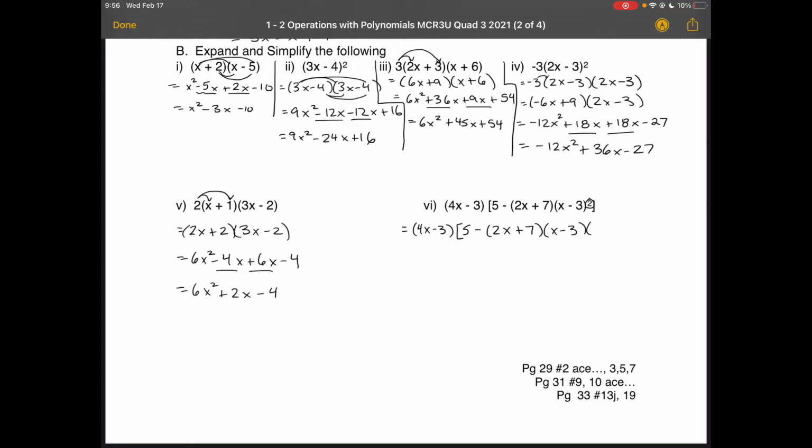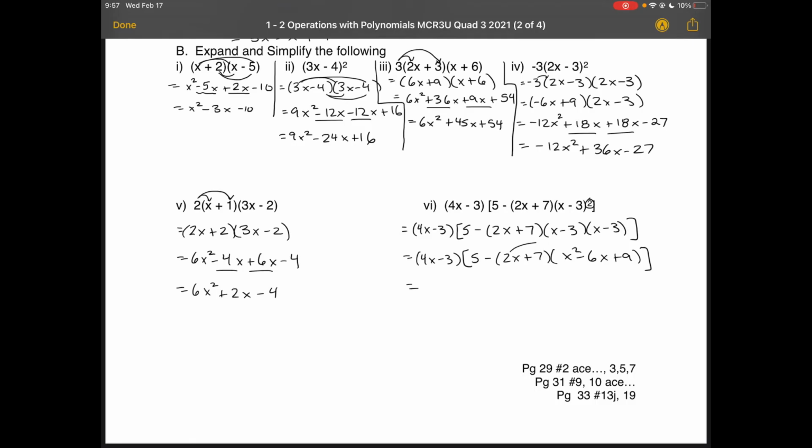That is the same as x minus 3 times x minus 3. I'm going to leave everything else alone, and I'm going to expand that bracket there. So x squared minus 6x plus 9.